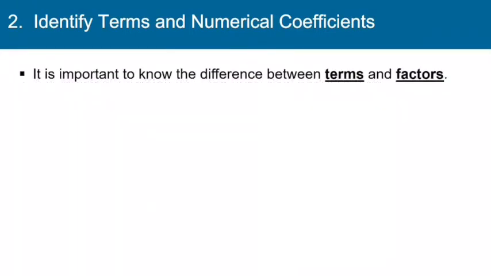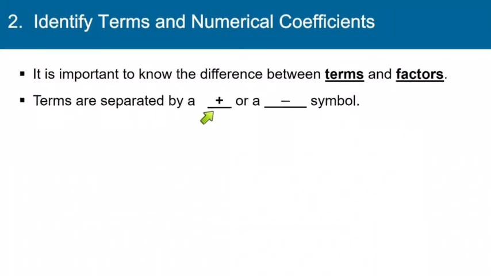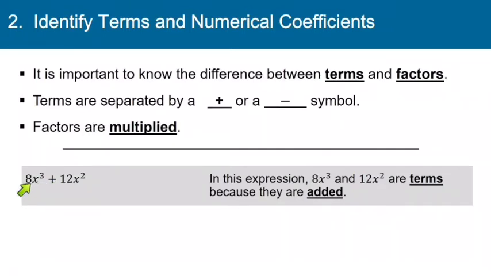Now one thing I want to make sure you understand is the difference between terms and factors. This is a very important thing. Terms are all either separated by a plus symbol or a minus symbol, but factors are multiplied together. So in the case of 8x to the third plus 12x squared, the 8x to the third and the 12x squared are both terms because they are added together. And you can tell they're added because there's a plus sign between them.